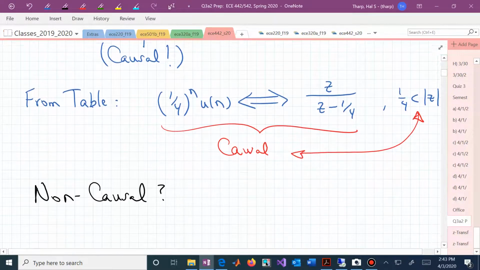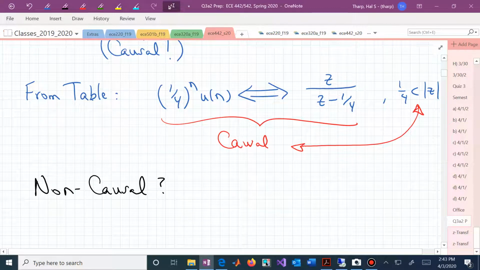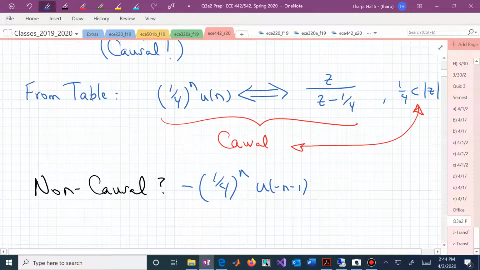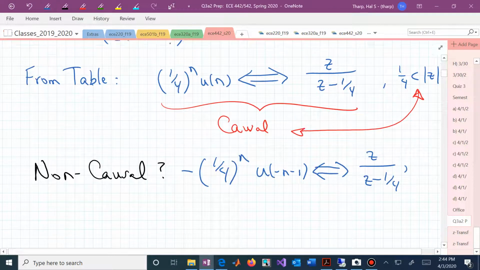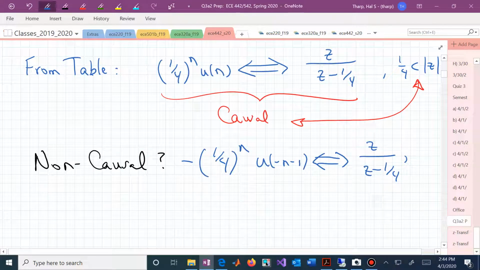What happens when we have a non-causal sequence? With a non-causal sequence, we have this sign reversal between our time sequence and our transform. So if we had a non-causal time sequence scaled by a factor of -1, it will produce exactly the same Z transform, except now its region of convergence is different.